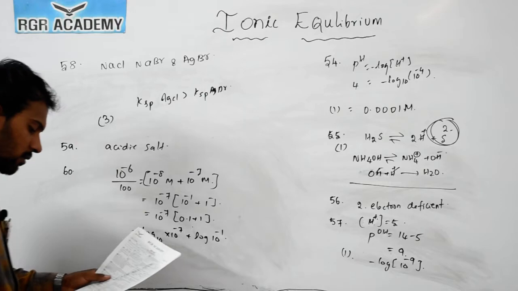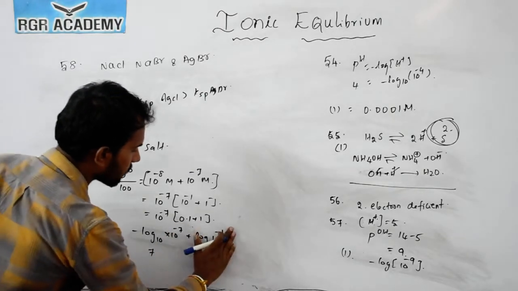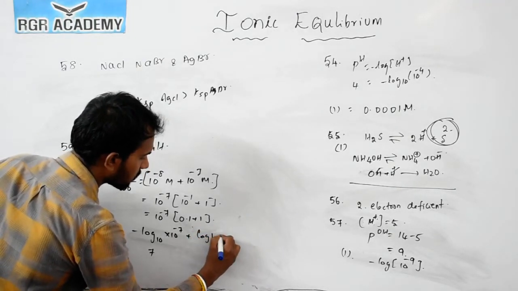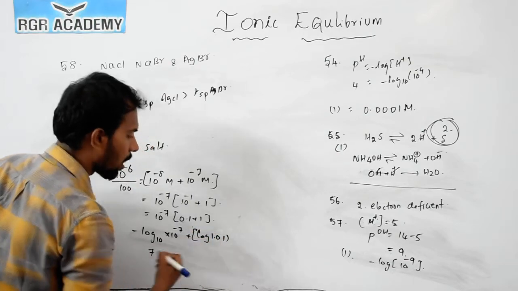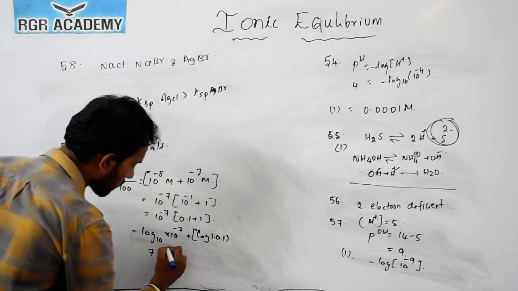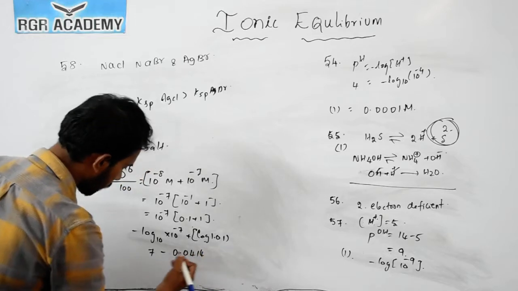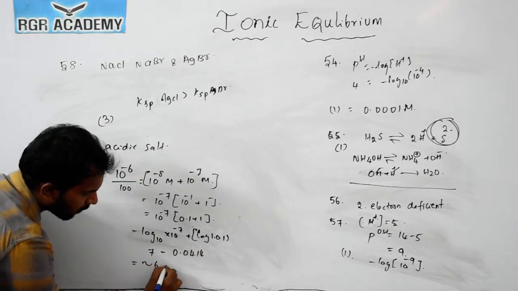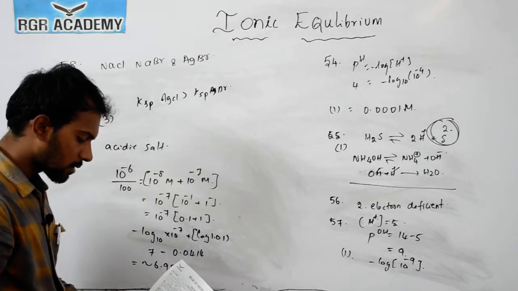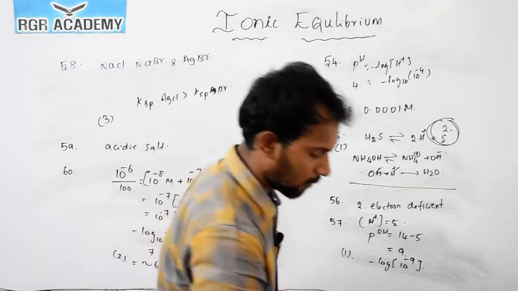Here it is 1.01, right? So this value is 1.01. So log 1 is 0, but log 1.01 has the value 0.0414. So the value is 7 minus 0.0414, approximately 6.956. So the given answer is 2. Now the question number 61.